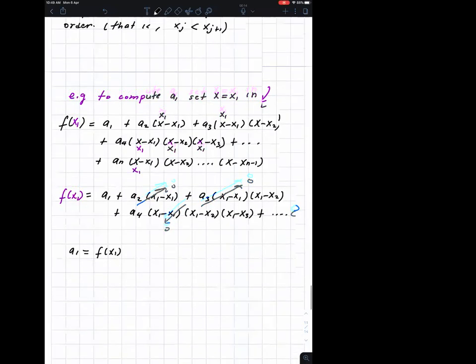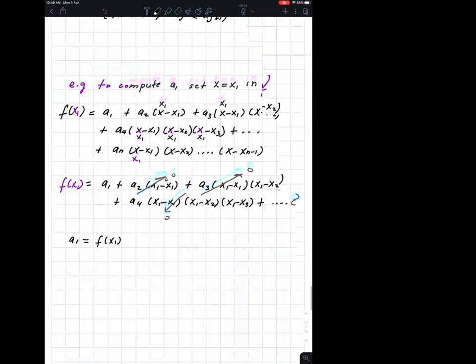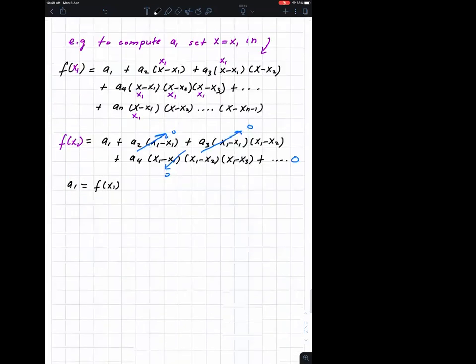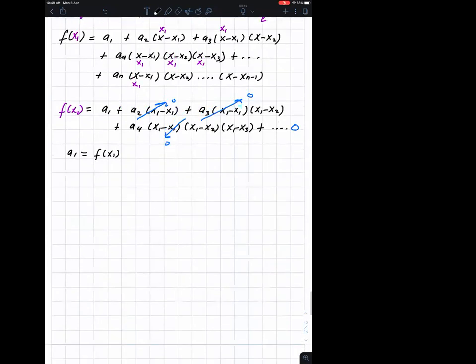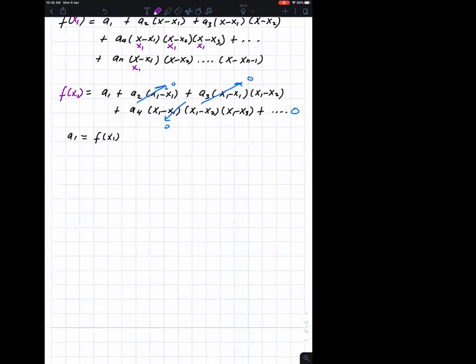Okay. Next, find A2. To find A2, set x equals to x2.